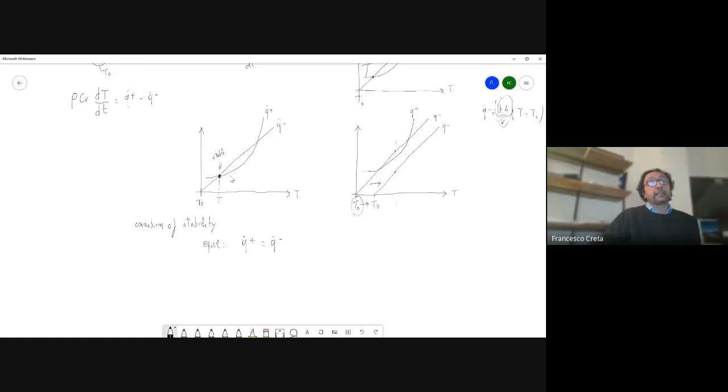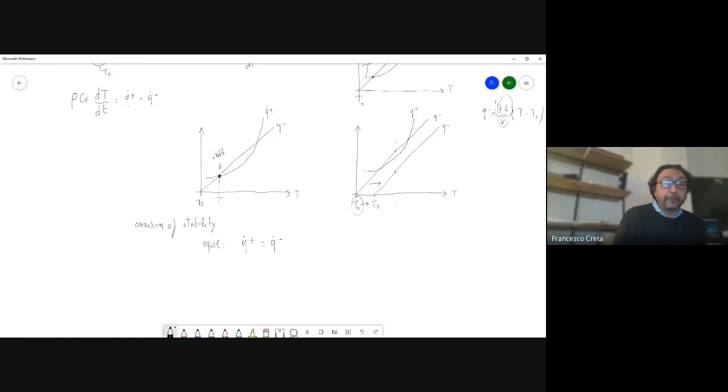So that essentially if the temperature increases, we have a surplus of heat loss, and therefore we're going back because the system cools. And if we have a decrease in temperature, there is a surplus of heat production by the reaction, and therefore the temperature increases and goes back to the equilibrium point.